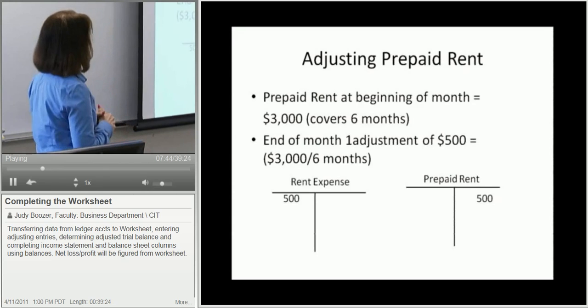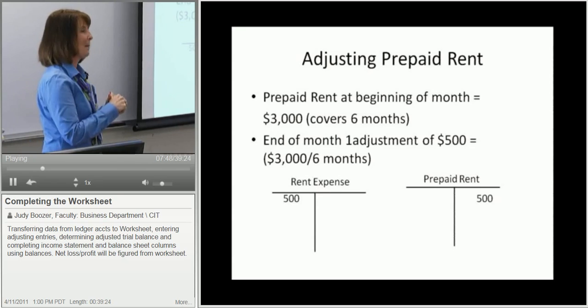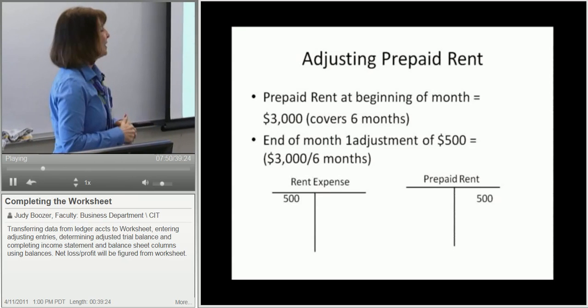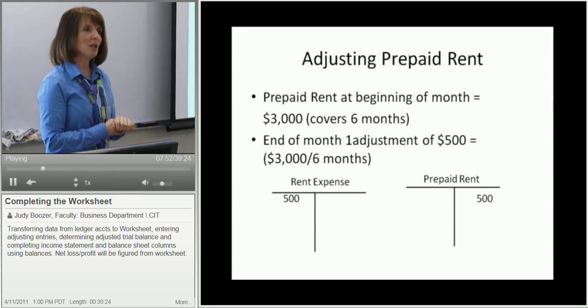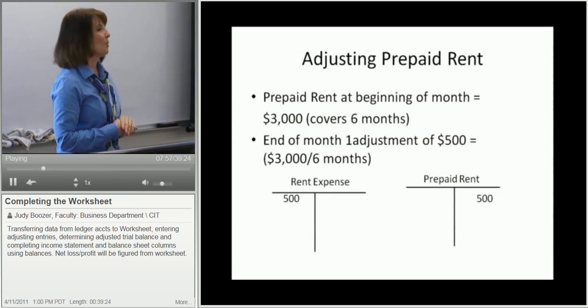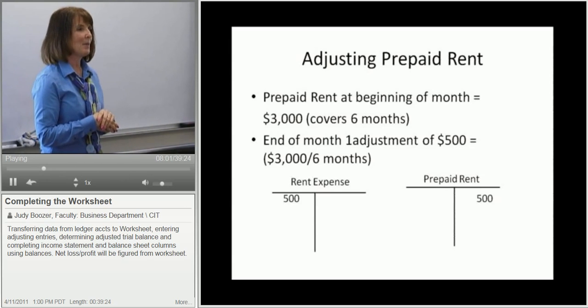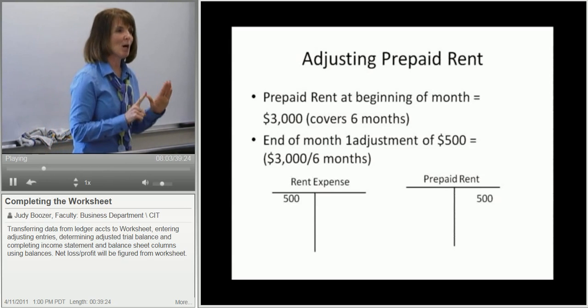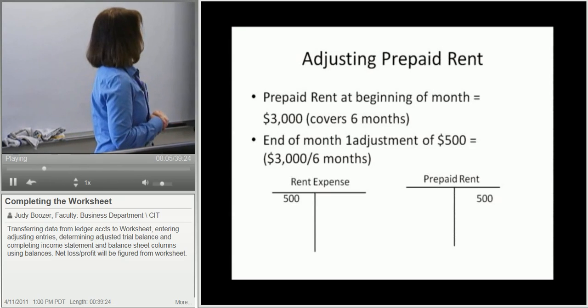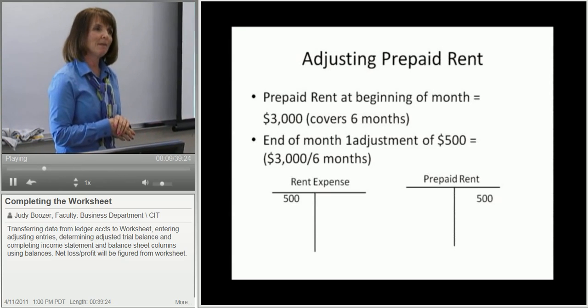So, first example, adjusting prepaid rent. The information given here for the example is prepaid rent at the beginning of the month is $3,000. It's good for how many months? 6 months. So if we want to do an adjustment at the end of the month, how much is that adjustment?